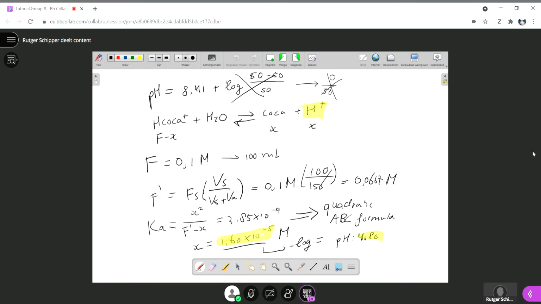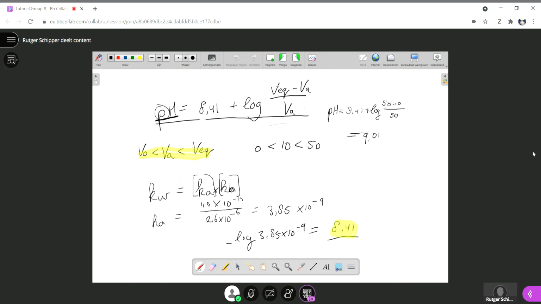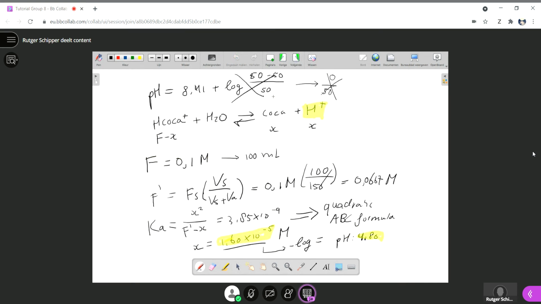So what was the acid constant again? We calculated it here. So it was 3.85 times 10 to the power of minus 9. And the formal concentration has been decreased. And the reason for this is because we no longer have 0.1 molar of cocaine, because we added 50 milliliters of nitric acid to the solution, which has all been reacted with the cocaine.